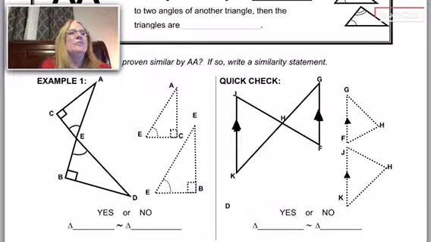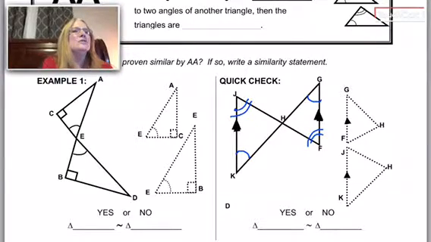So let me clear this up. But so this angle is going to be congruent to this angle, and this angle is going to be congruent to this angle. They kind of wrote this on the other side. I would draw them exactly in the same orientation.